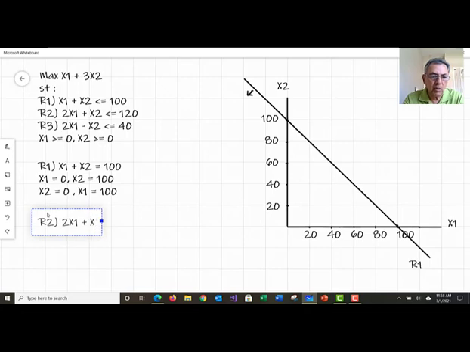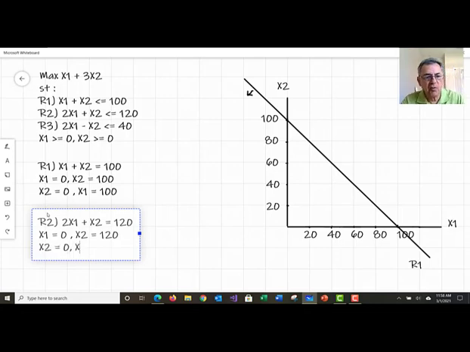We set one variable to 0, which for convenience I let x1 equal to 0. That gives me x2 equal to 120, and then I let x2 equal to 0, which gives me x1 equal to 60. So now I identify those 2 points on the graph and connect those 2 points.